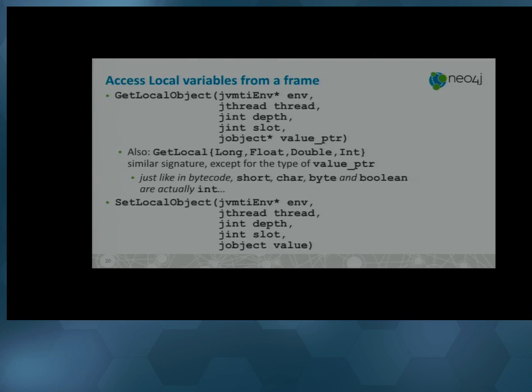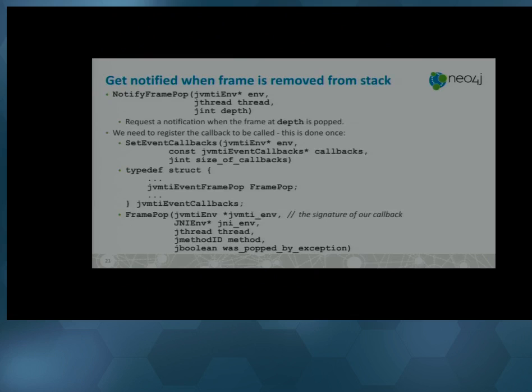And as I mentioned, if we want to reflect this as a Java object that has a sort of live coupling to the actual frame, we need to be able to detach that, and we can use the notify frame pop method to do that detaching.